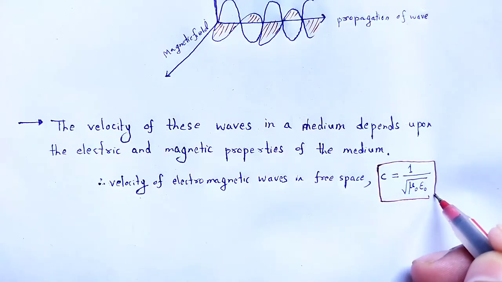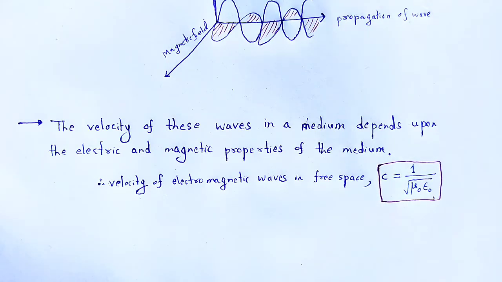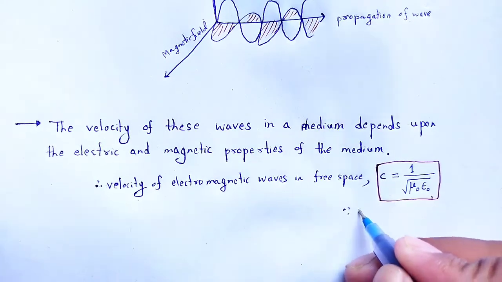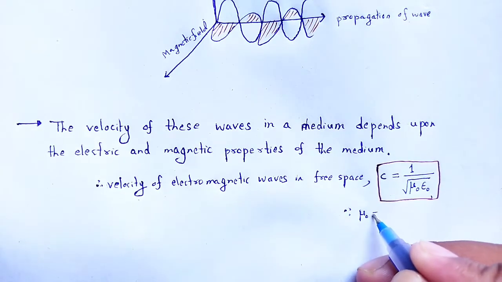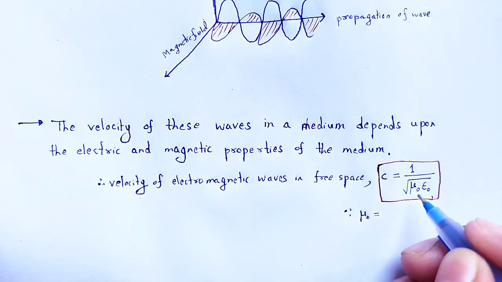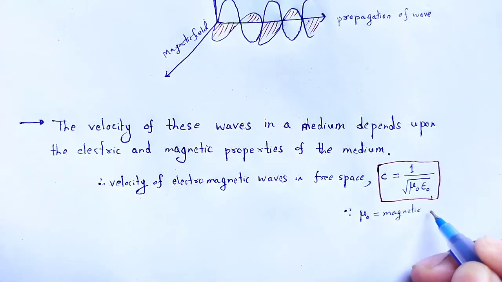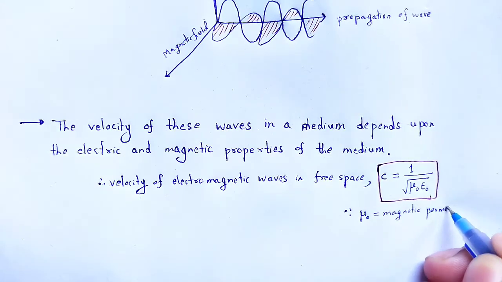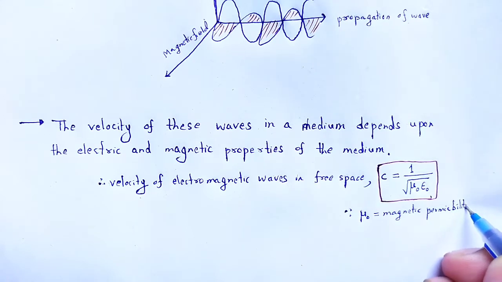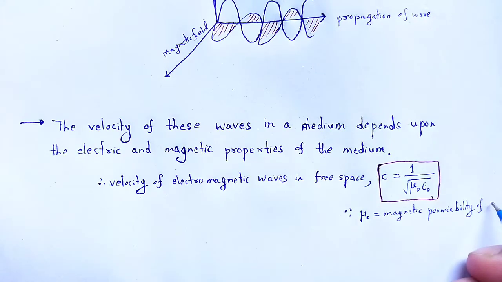Where mu naught is the magnetic permeability of free space.